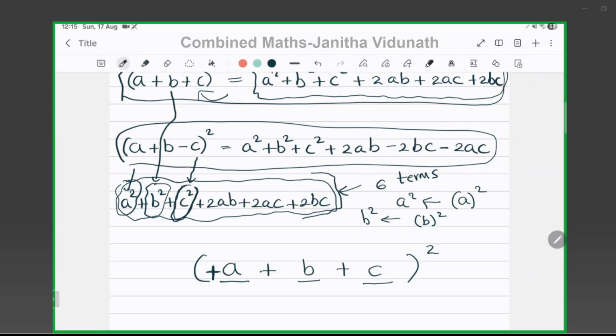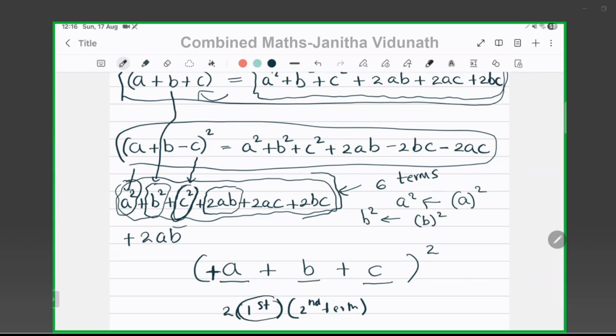Then we look at our next term. Here, this is plus 2ab. Now this term must be obtained from the multiplication of 2 times our first term and our second term. Now we know our first term is always a positive term.